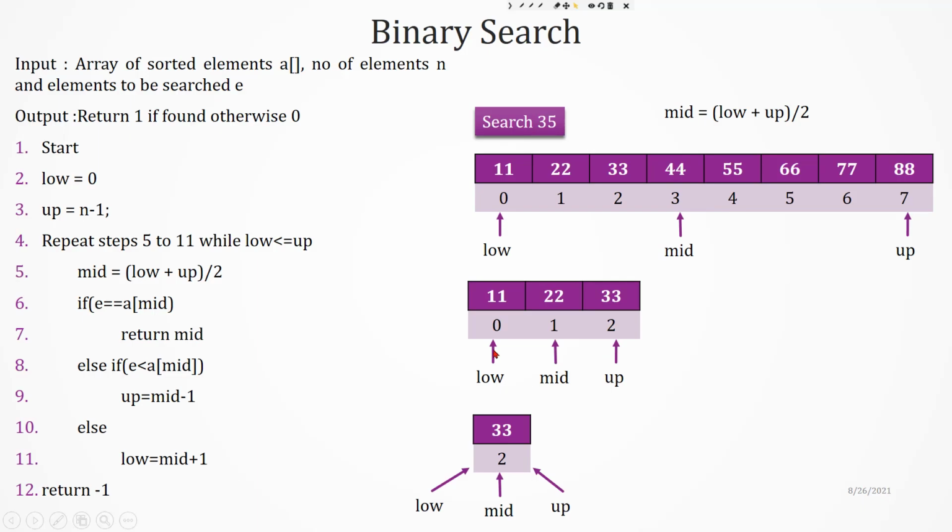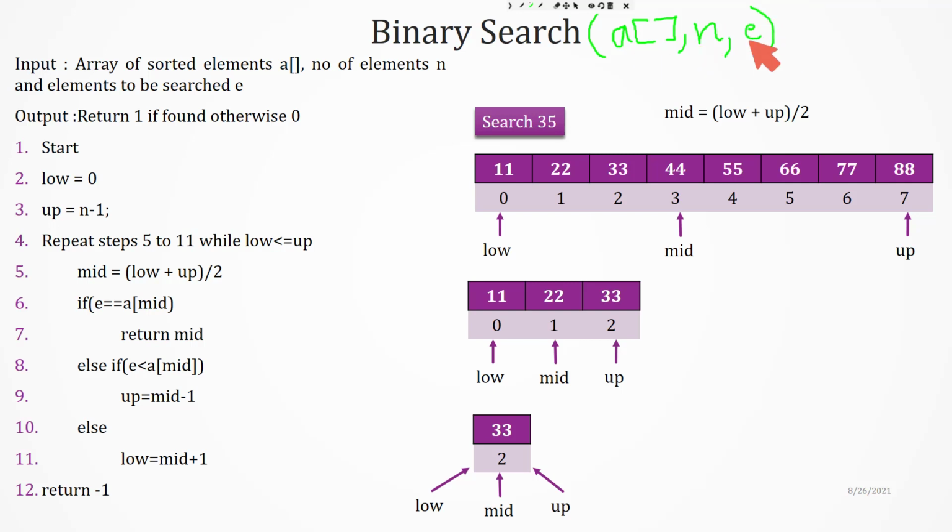Anyway, while we implement this binary search, I will use a function. So what are the inputs for searching an array? When we write the function, there will be three inputs: an array, the number of elements, and the element to be searched.